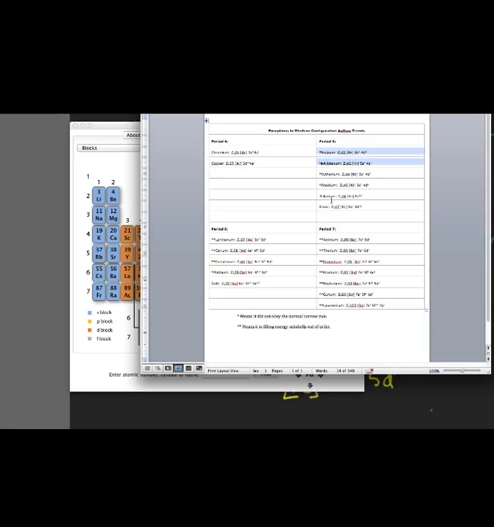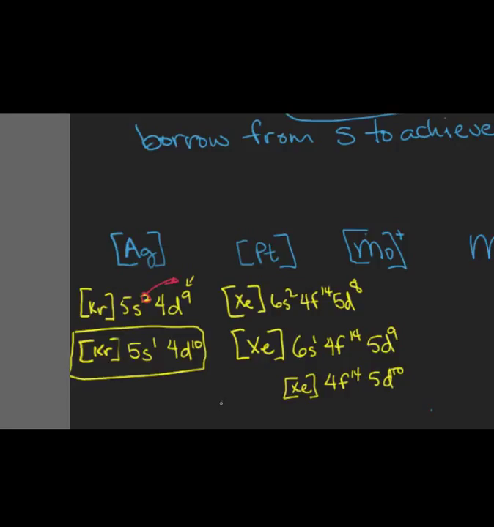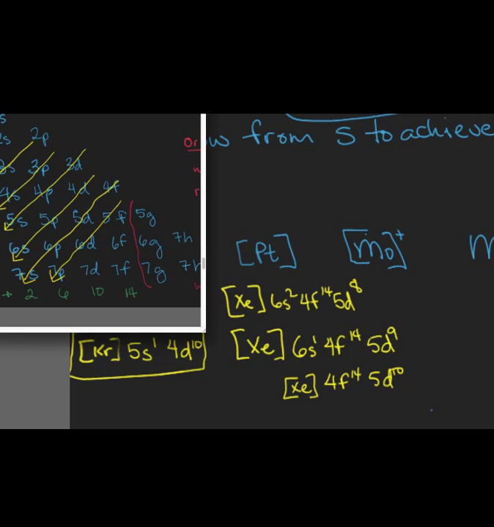These over here in the 5th period, niobium, ruthenium, and rhodium. And then the rest of these double asterisks, what they do is they don't follow the trend of electron configuration filling.